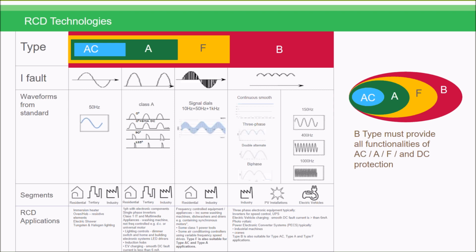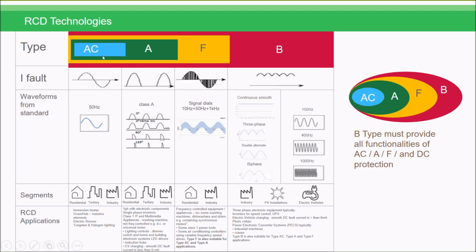And then moving on to type B, you can see that with this type B device, tripping is achieved as for F-type, in addition to this, for residual sinusoidal alternating currents up to 1 kilohertz as well. And some of the more specific areas that these can be used is around PV installations, electric vehicle charging points.